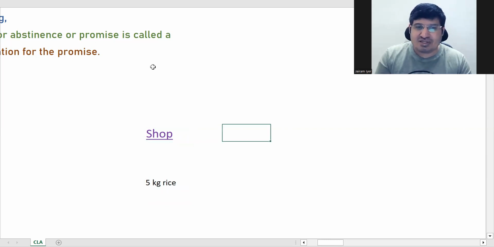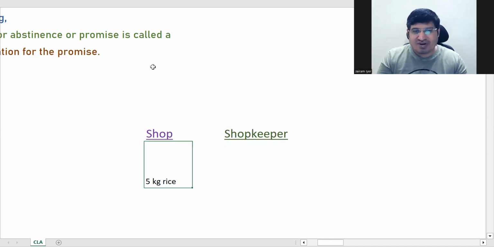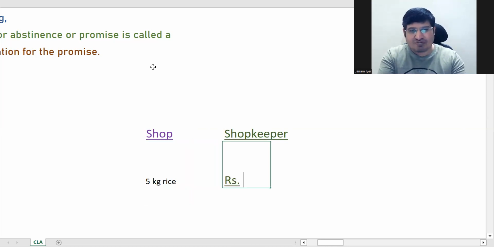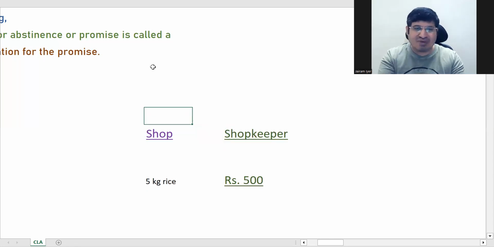And this is the shopkeeper. You are telling the shopkeeper, you give the rice, he has given the rice, and the price is 500 rupees. Now you are saying, you give me your number, I will ask my dad, mom, husband, wife, whoever, to transfer it to you. Correct? It happens many times.